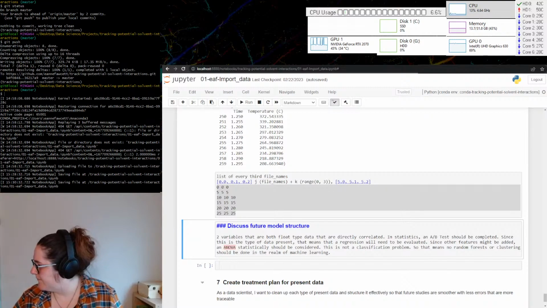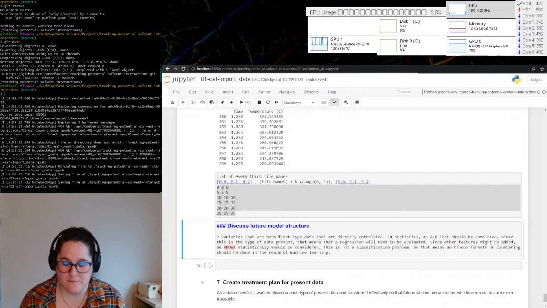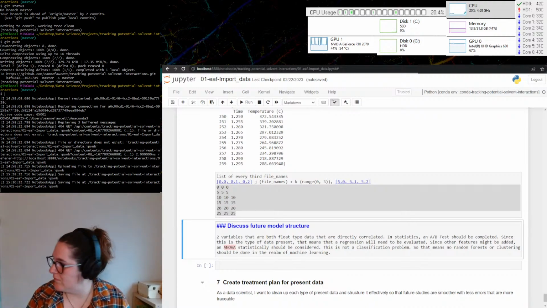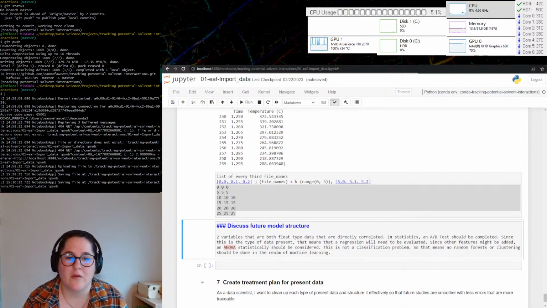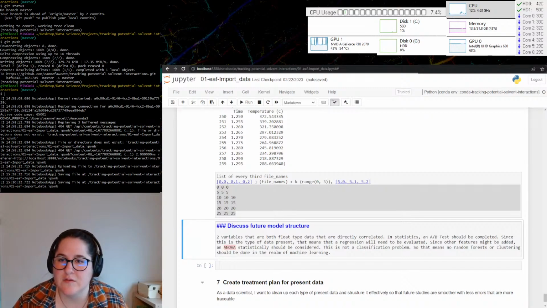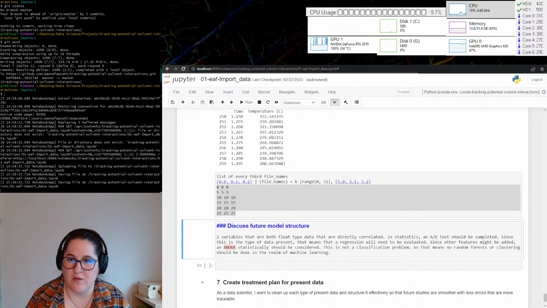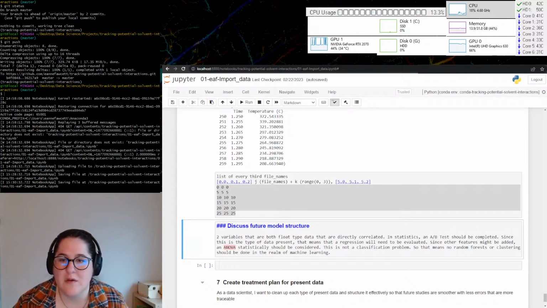Let's see if I can find it. I have this file somewhere. It's not loading on my reference screen. Yeah, I kind of had a feeling that would happen. So that's something.